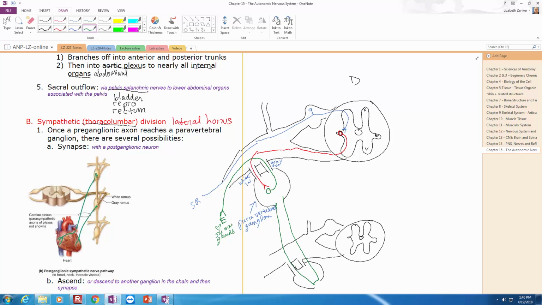Not through the gates. Let me draw it off to the side so I don't confuse you guys. Sorry. I'll just leave it in black. But this guy might have a connection over this way to here, to this guy. Okay?